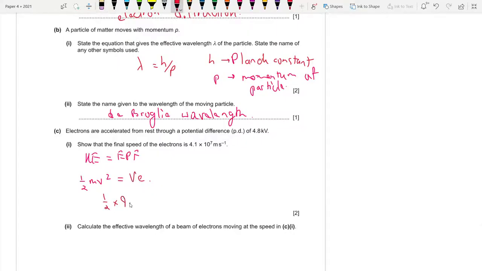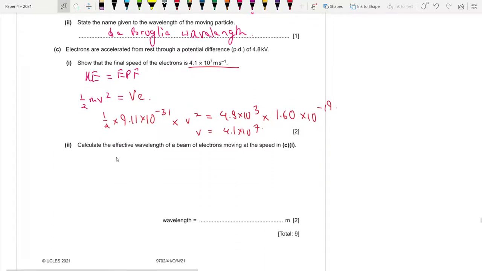So half times the mass of an electron, 9.11 times 10 to the power minus 31, times v squared, is equal to 4.8 times 10 to the power 3 times the elementary charge, 1.60 times 10 to the power minus 19. So we get a value of v equal to 4.1 times 10 to the power 7. This is a show question, so carry this forward to the next part.